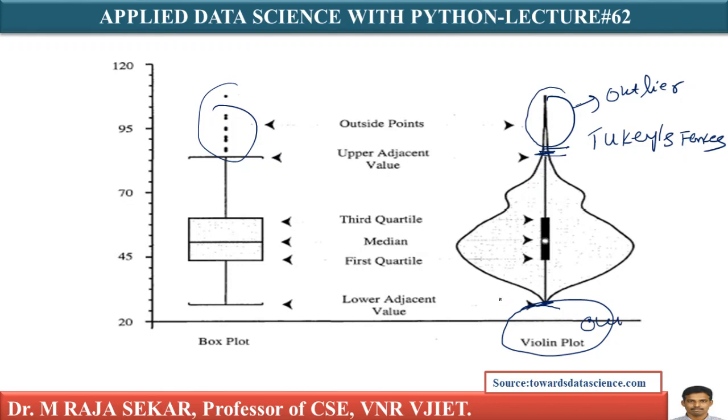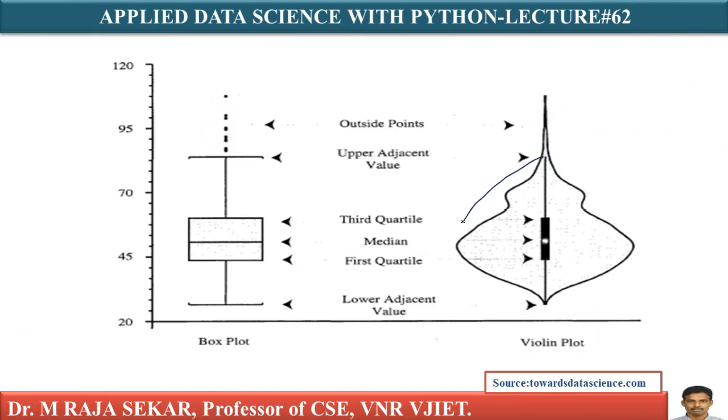The unquestionable advantage of the violin plot over the box plot is that aside from showing the above mentioned statistics, it also shows the entire distribution of data. Yes, that you can understand from this diagram. This is distribution of data. This is distribution of data.